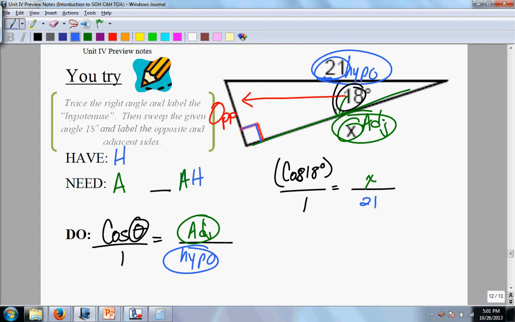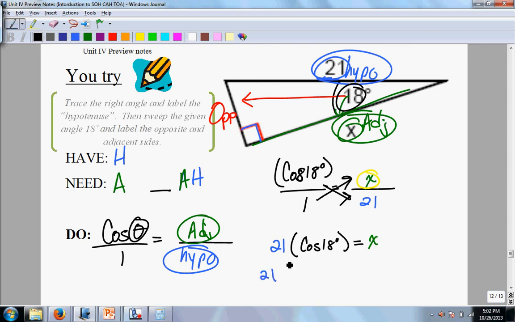Do not touch a calculator until x is by itself. So we cross multiply. We're going to end up with 21 times cosine 18 degrees equals 1 times x, which is x. Now you may get your calculators out.